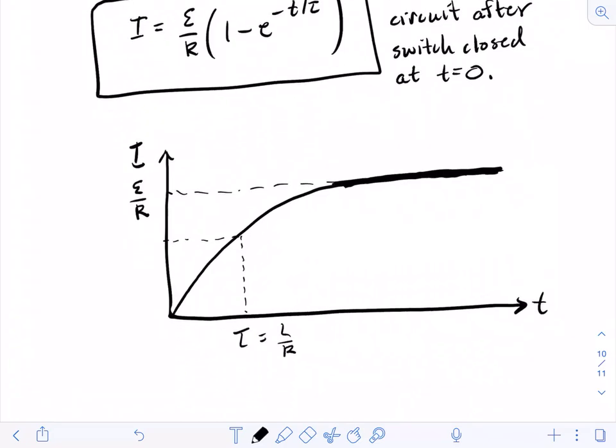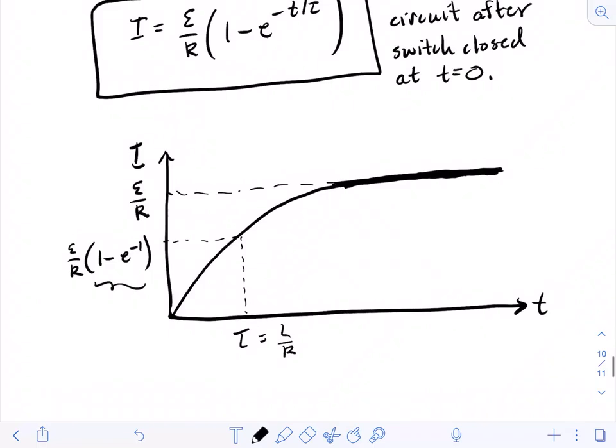At this value, the current is epsilon over R times 1 minus e to the minus 1. E is about 2.7, so 1 over e is about a third, 0.33. 1 minus 0.33 is around 0.67. If you put in the correct value, this is about 63% of the total current.